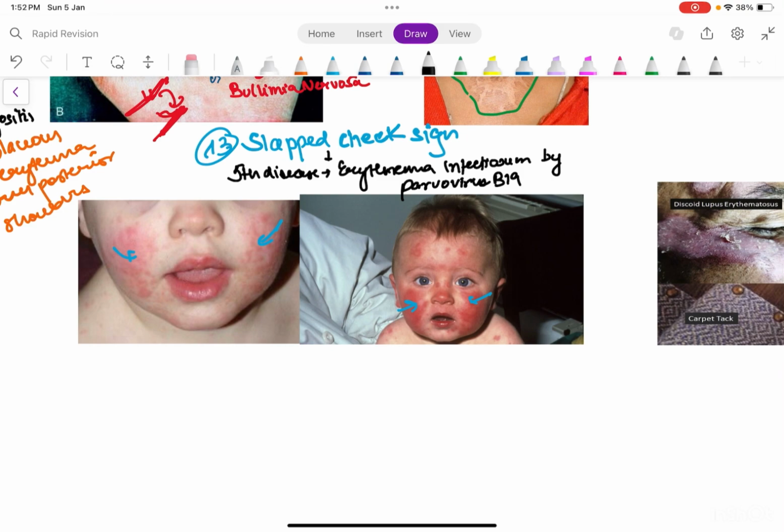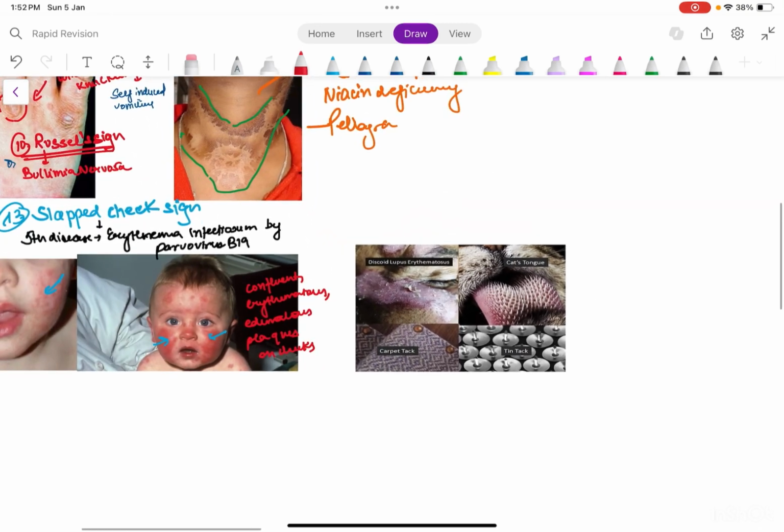So you can see, what you can appreciate is confluent erythematous plaques on cheeks.